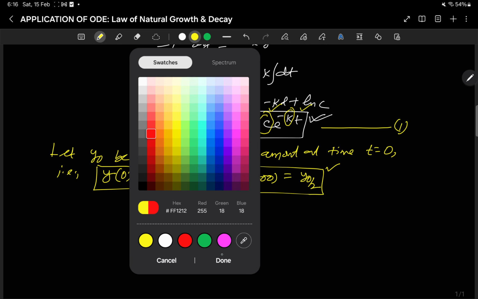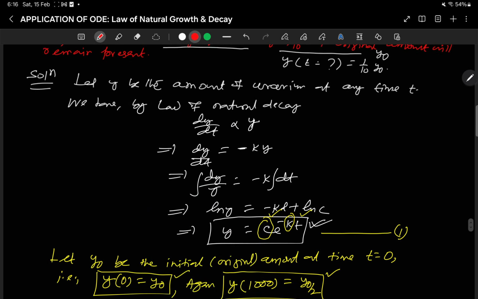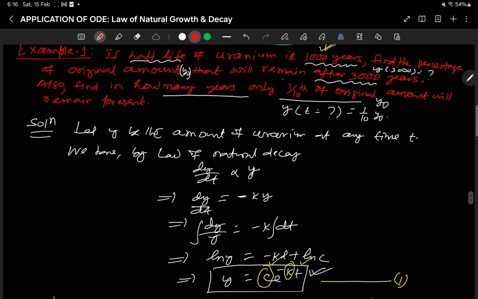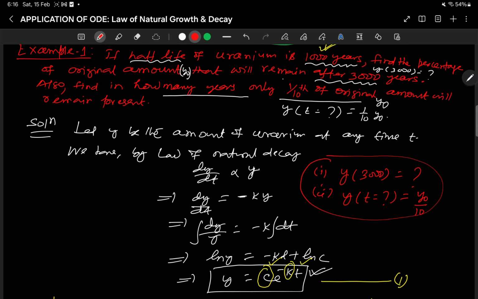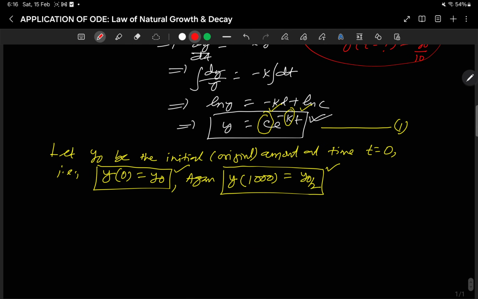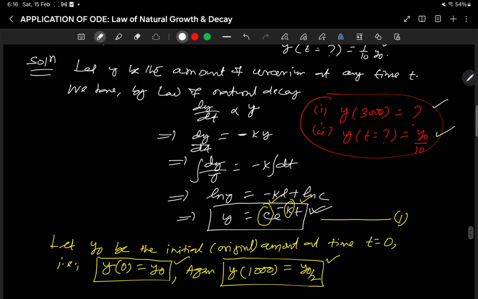We are asked to find y of 3000, and also at what time it reduces to 1/10, that is y0 by 10. These two things are asked. Now we solve it to find the values of c and k.